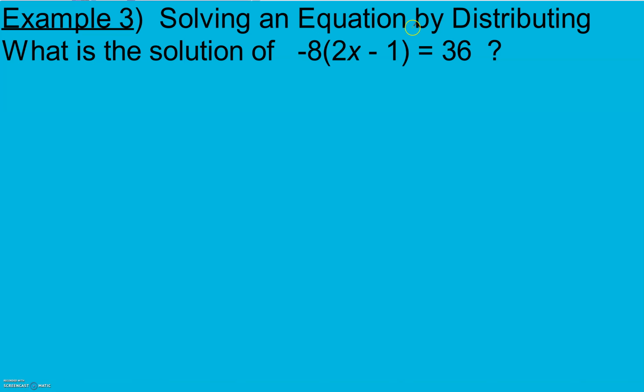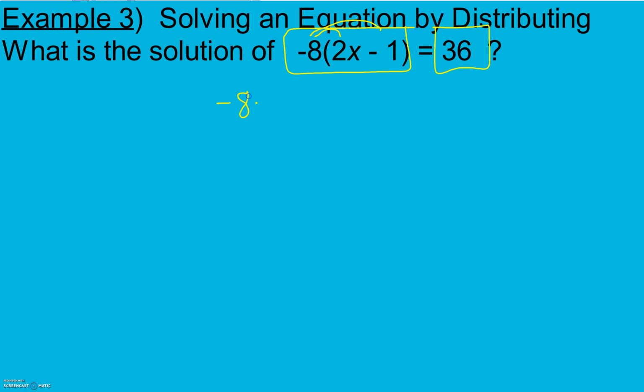Here, we're still going to simplify our left side and simplify our right side, both expressions that are set equal to each other. And on the left side, we have parentheses. Remember, things aren't simplified until all the parentheses are gone, all like terms have been combined, and any fractions have been reduced. So to get rid of my parentheses here, because I can't take 2x minus 1, what I can do is I can distribute.